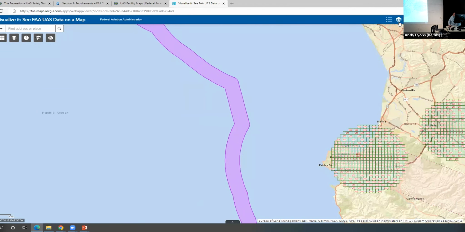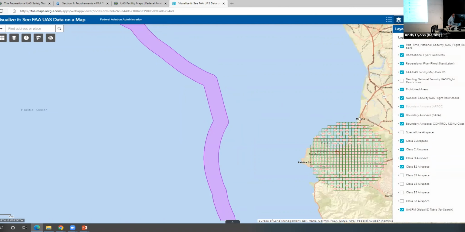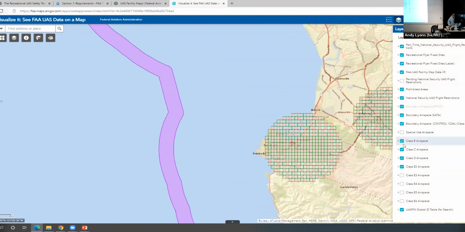Well, let's pull open my layered list because I think I know what it means. This computer is so slow. There we go. It's a Class E surface extension to that airspace. It does not make a difference to our drone flight operations, but it is technically a Class E airspace.